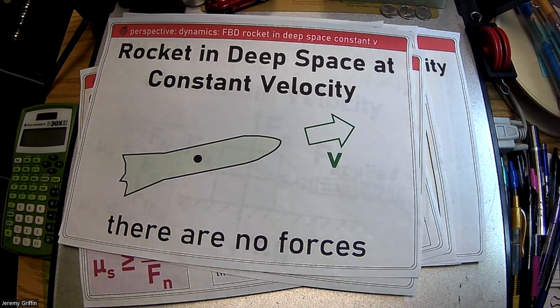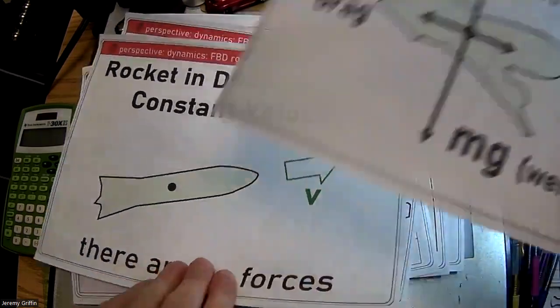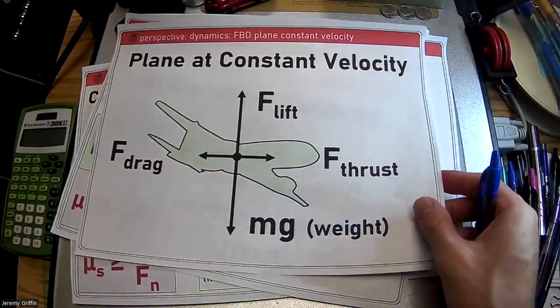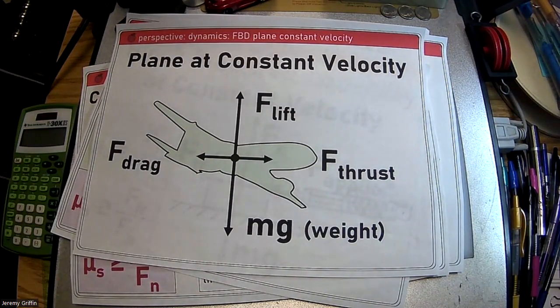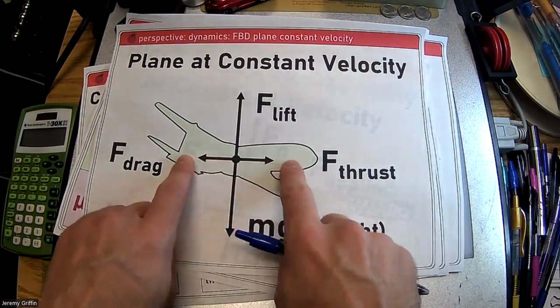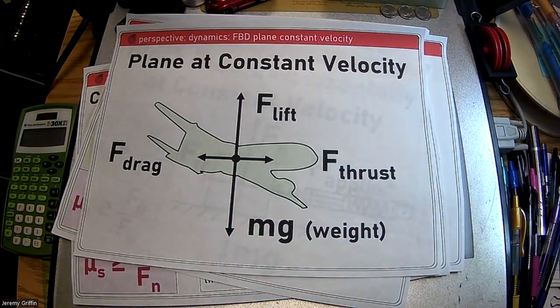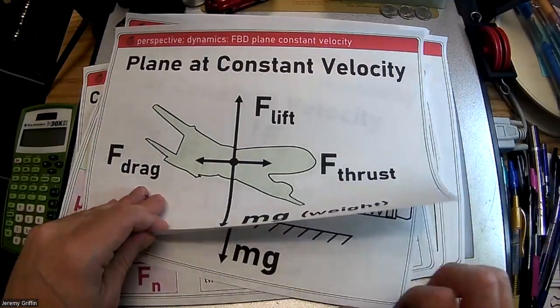What's another force? Yeah, the air drag. What else you got? Lift. And then probably some kind of thrust force too. That should look something like that. So remember, constant velocity: all my horizontal forces or components need to cancel out, and all the verticals also cancel out. That could be a plane at constant velocity.